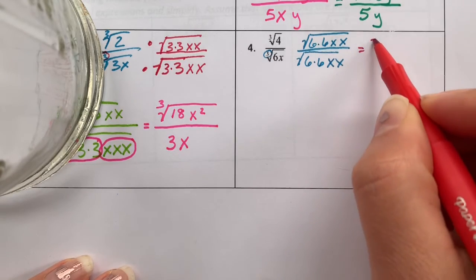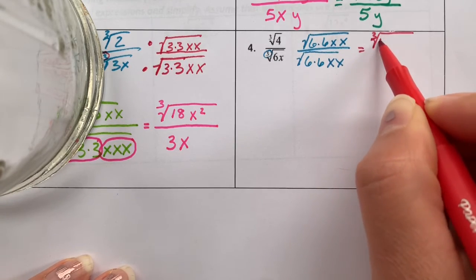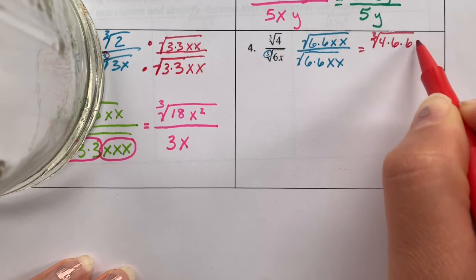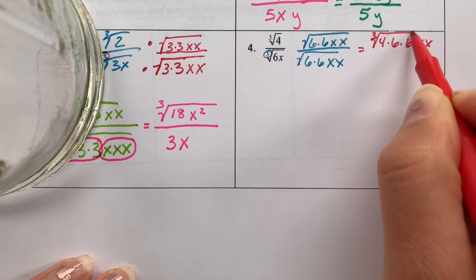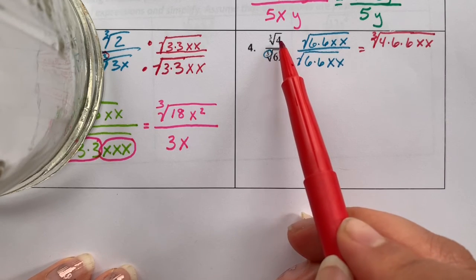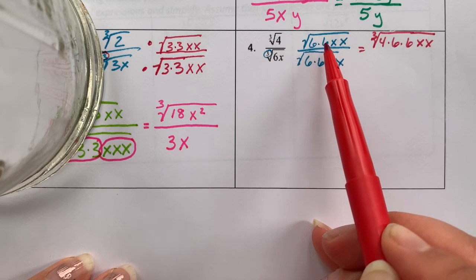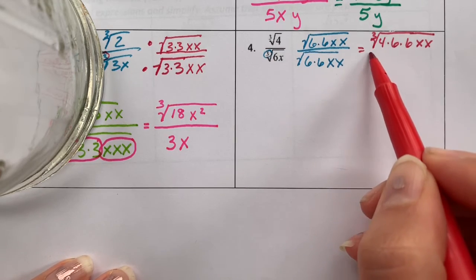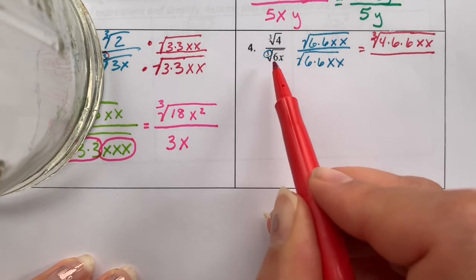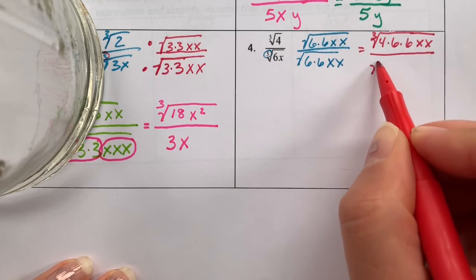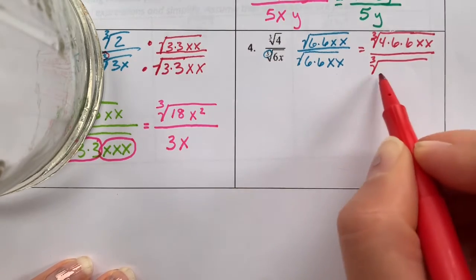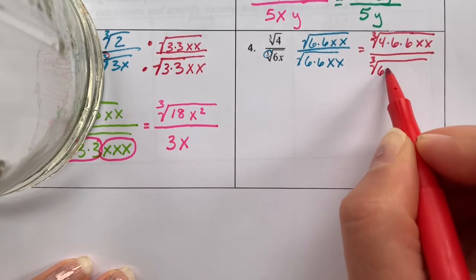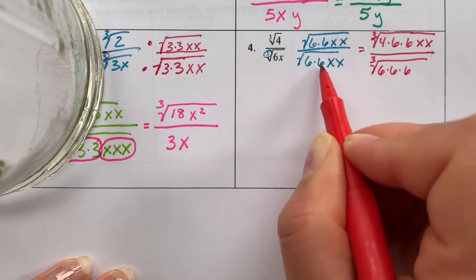So I will have the cube root of 4 times 6 times 6, x, x. All I've done is write what I've multiplied: 4, 6, 6, and x's. And I'm going to do the same thing here. I have the cube root of 6 times 6 times 6, these two.